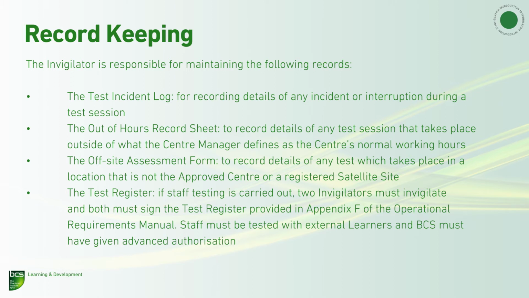If staff testing is carried out, 2 Invigilators must invigilate, and both must sign a record, for example, the test register provided in Appendix F of the Operational Requirements Manual. Additionally, the staff must be tested with external learners, and BCS must have given permission for staff testing to take place.